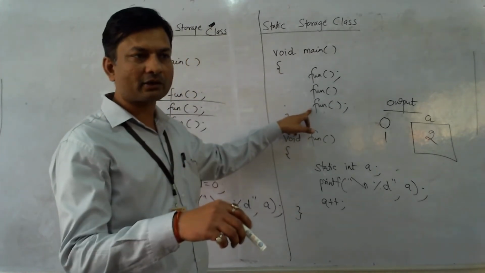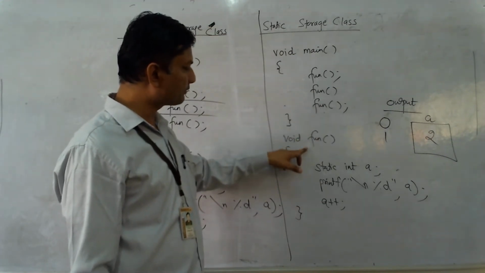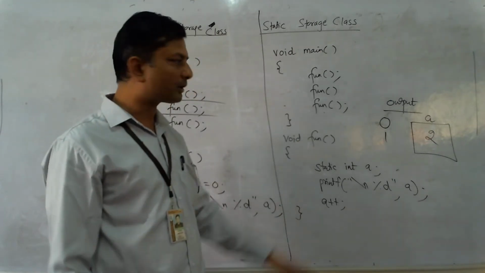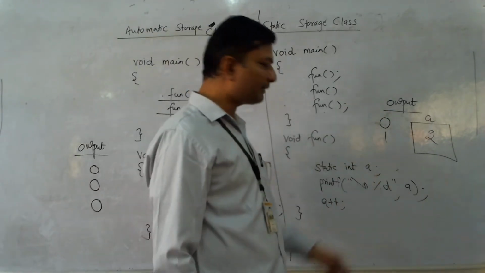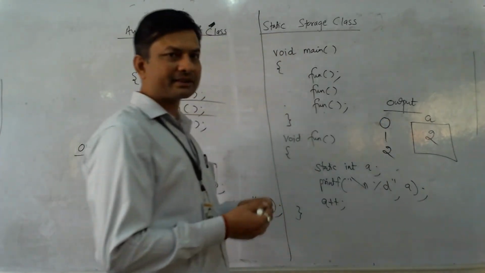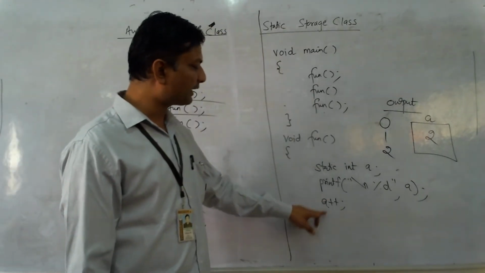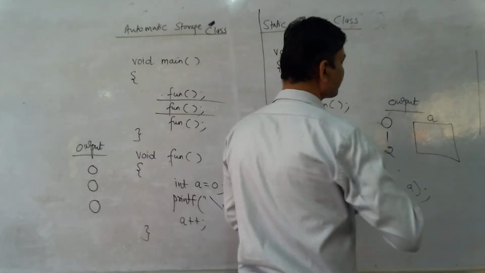In third statement also we have called the same function. Similarly, it will jump to function fun. First statement will not declare variable A again because it is already declared. In the second statement, value of A will be displayed. What is the value of A? 2, as can be seen from the memory map. In the third statement, value of A is increased by 1, so the value of A will become 3.